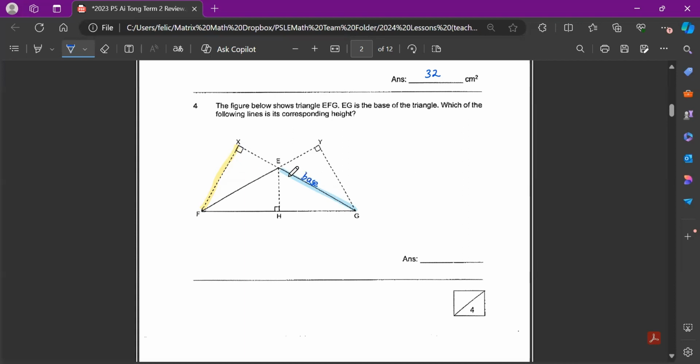Although they are not directly touching each other, that is okay. You don't have to worry about them touching or not. You just need to fulfill 2 conditions. Perpendicular to base. Second one is dropping down from the corner that's opposite the base. So the answer simply will be which one is the corresponding height? Answer is just XF, or FX also can.